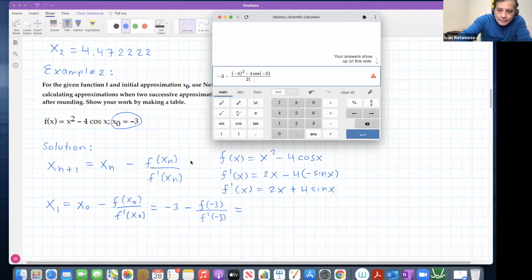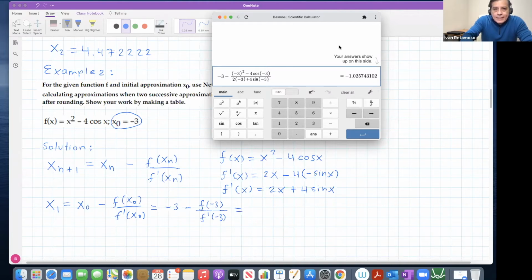So minus 3 here, close parentheses, plus 4 times sine of negative 3. And again, make sure you're working in radians. All that gives you this computation, this value, minus 1.0257.